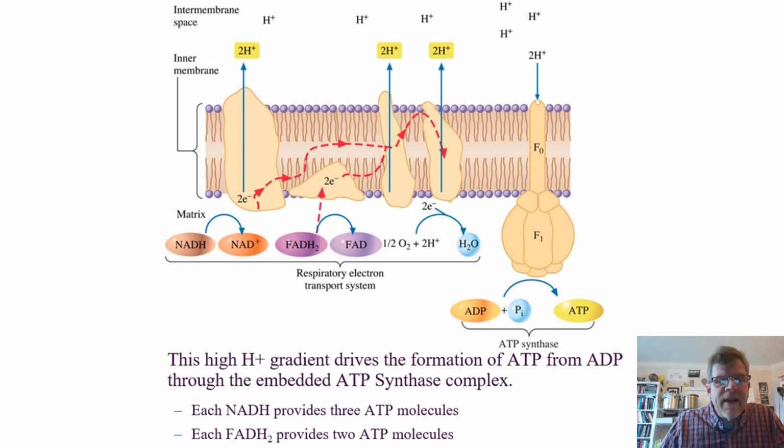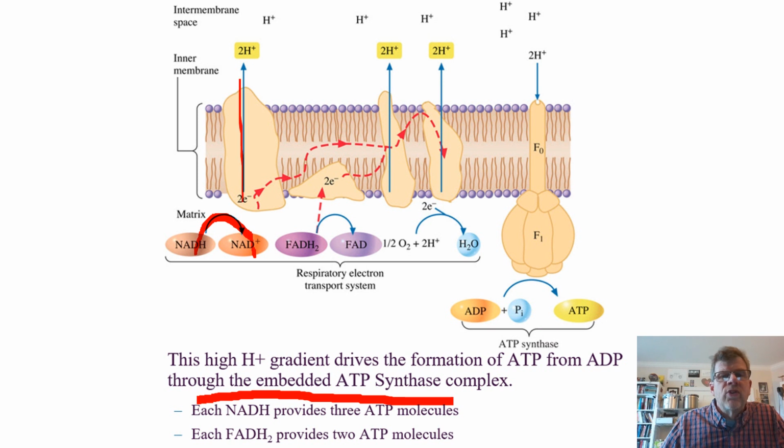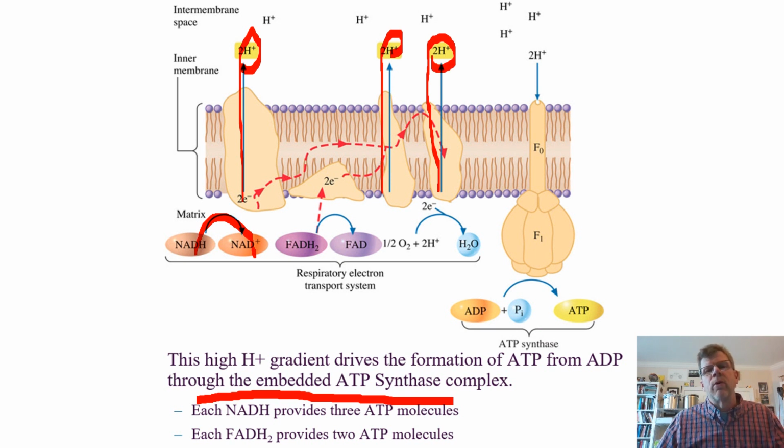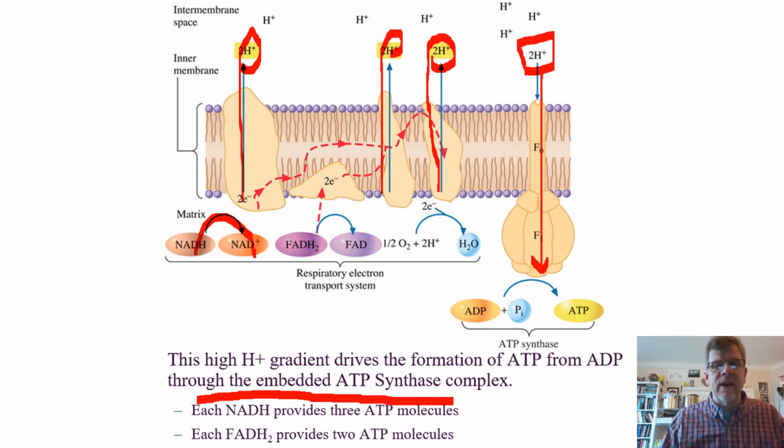We can now actually count how each NADH provides 3 ATP molecules. Why? Because the electrons in each NADH push 2, 4, 6 hydrogen ions through. If there's 6 hydrogen ions in the intermembrane space, and it takes 2 to run through ATP synthase to produce 1 ATP, we find that 3 ATP molecules are the result.